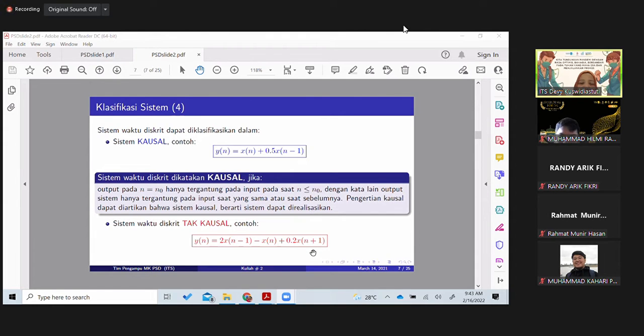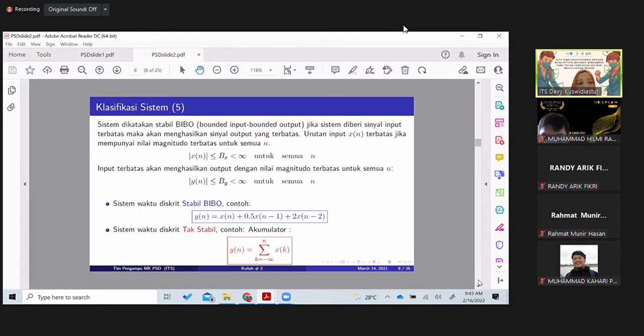We cannot make a system which depends on something that we predict, that can be changed. That's why we need to make a system which has this characteristic as a causal system.